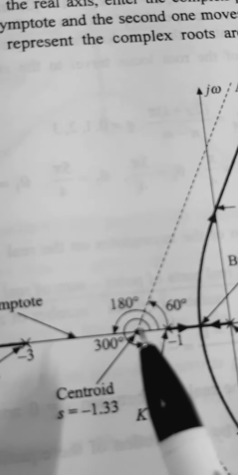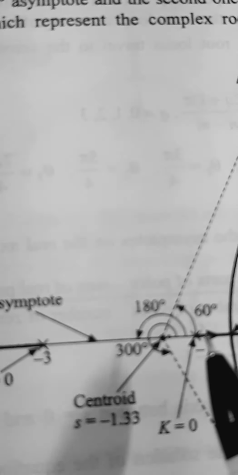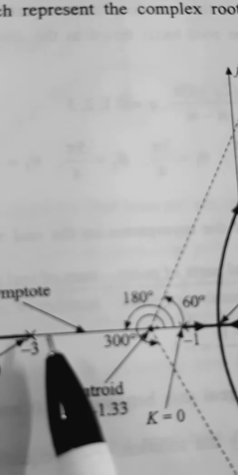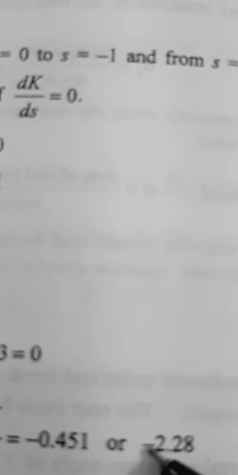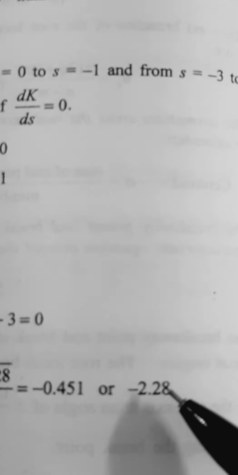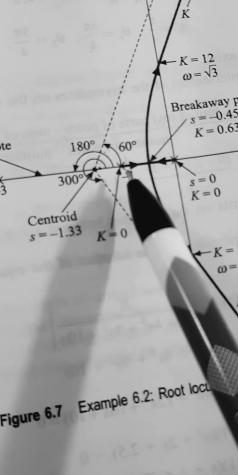But by using the previous rules, we came across that between minus 1 and minus 3, the segment is not a part of the root locus. So you cannot take this minus 2.28, and you can see here, as per the previous rules, minus 1 to 0 is a part of the root locus.